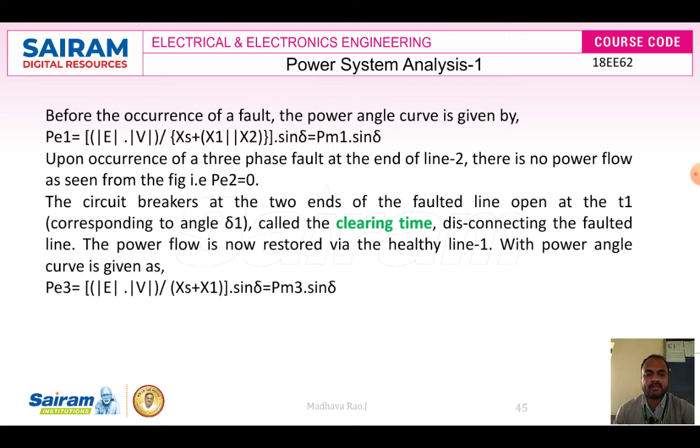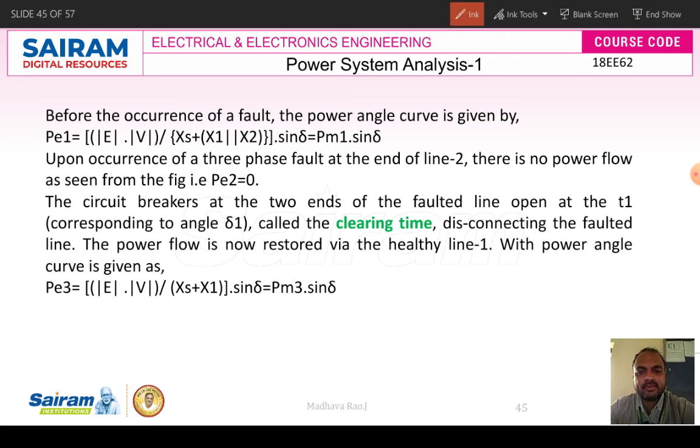Since x2 is disconnected, the difference between these two cases is that before the occurrence of the fault x2 is considered, whereas after the fault x2 is disconnected and is not there in this equation. In the previous slide we saw the reactance diagrams: x1 and x2 are there before the fault, and after the fault x2 is disconnected. That is the difference between these two cases.